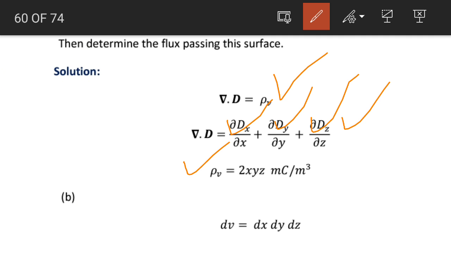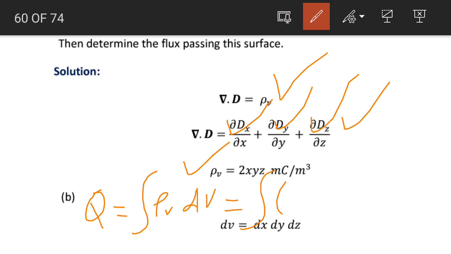Now we need to calculate the flux passing through the closed surface. The flux passing through the closed surface will be equal to the charge inside the closed surface. As you see, rho v is equal to the divergence of D, so we will integrate the divergence of D dv, and this integration will give you the charge inside the closed surface.